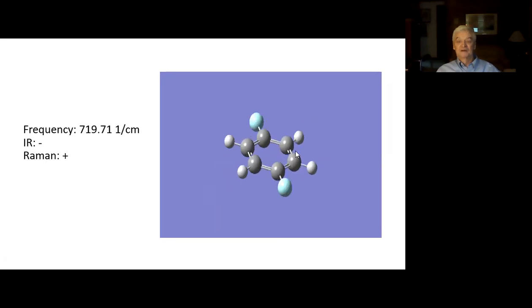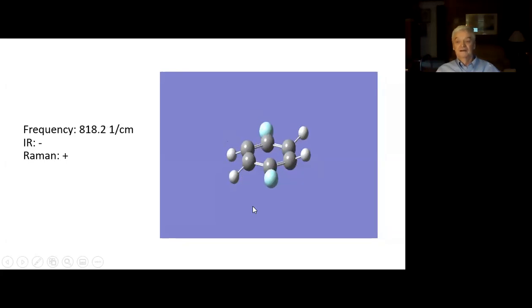This is now a bending of the entire benzene ring that you can see. There's a twisting of about every other carbon-carbon bond. So this goes up, this goes down, this goes up, this goes down, so on. All right, this would be a CH wag.